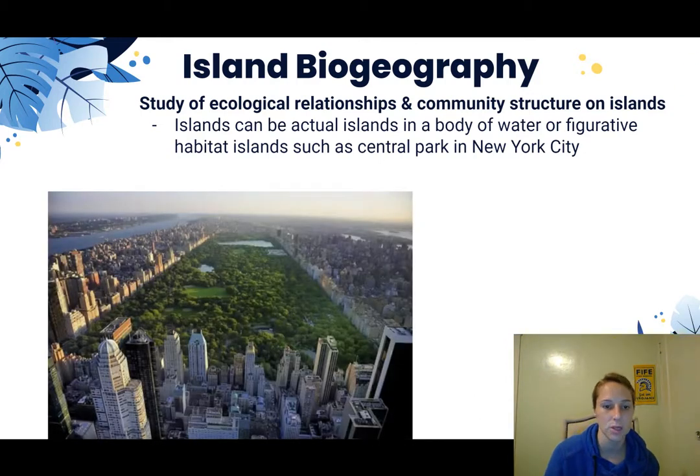Central Park might not be surrounded by a body of water, but it basically is like an island because there's no way for organisms to move between different ecosystems or areas, because it's surrounded by urbanization and city. So it effectively has the properties of an island ecosystem.